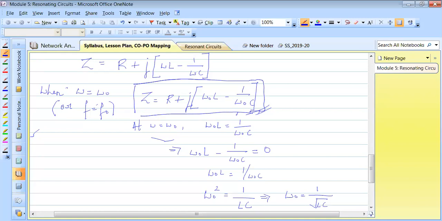In other words, keeping resistance in consideration, what statement can we make? Anybody? Give it a try. This equation for Z is a reference for you. When impedance is equal to resistance.